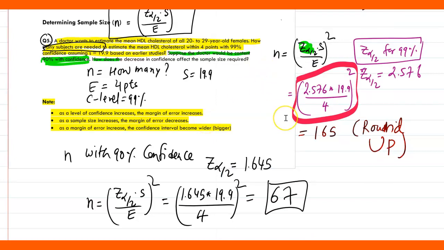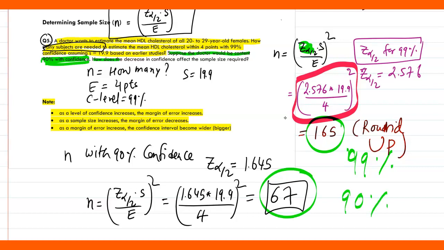The question is this: we have 165 with a 99% confidence level, and we have 67 with a 90% confidence level. The question asks, how does a decrease in the confidence level affect the sample size required?